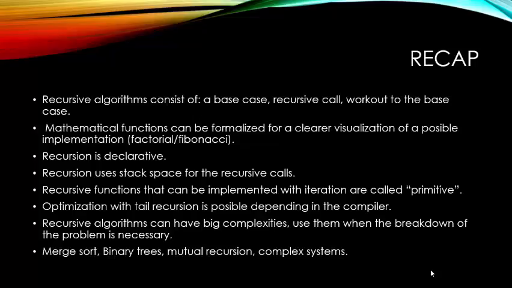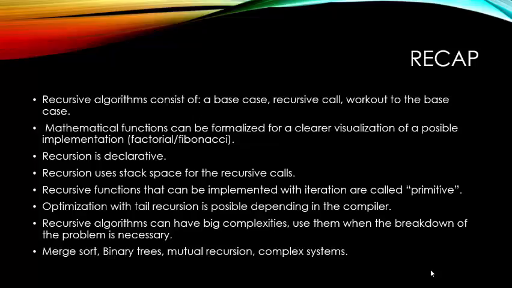Recursion is programmed in a declarative style, which means we do not have to specify all the calculations made by the program, but let the computer do all the work. The cost of using recursion consists in the potential saturation of the stack, so this consideration should be taken before its implementation. Recursive functions that can be implemented with iteration are called primitive.